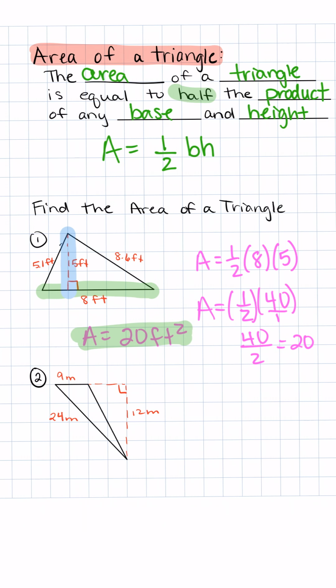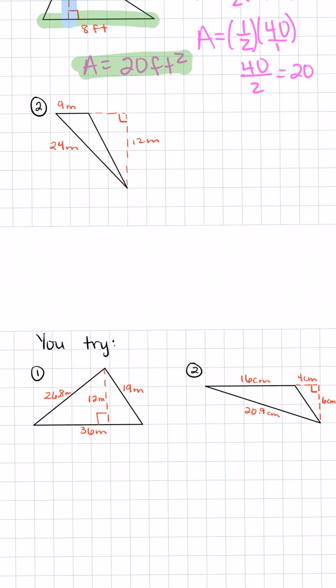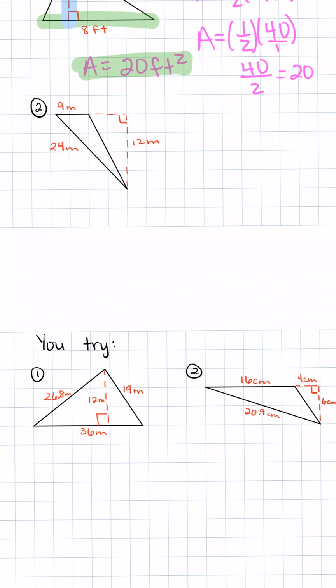Okay, let's try this next one. So our base, so remember they said anyone could be the base. Let's do this as the base. It's nice because it's flat, and of course you need the perpendicular line for the height. So we have area equals 1/2 times the base is 9, the height is 12.